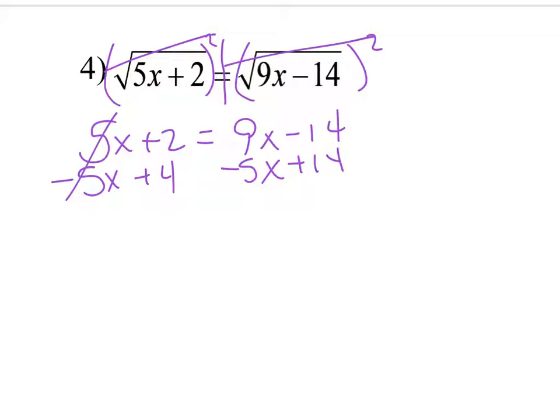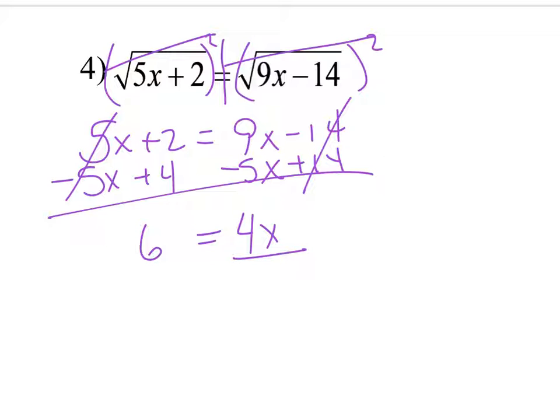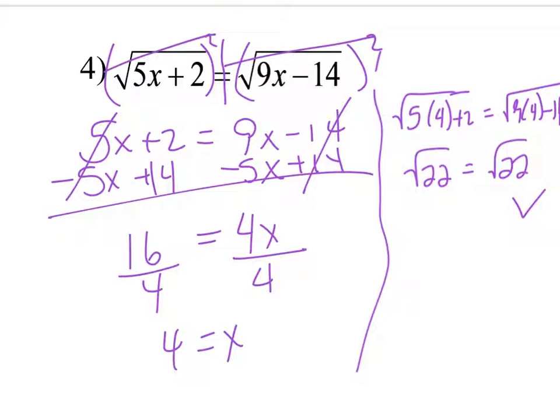So this is 0, that's 0, and I'm left with 4x equals 16. So divide by 4, 4 is your x. Go back and check it. Okay, so these two check. I get radical 22 equals radical 22. It's not pretty, but that's it.